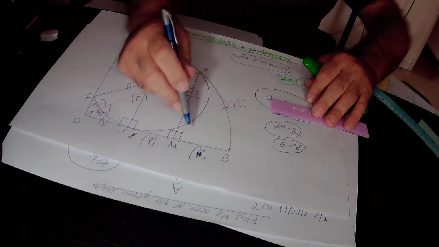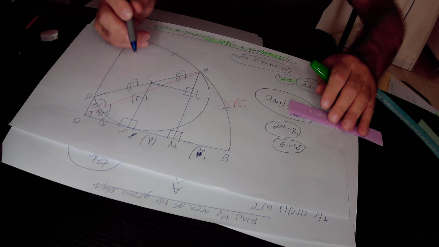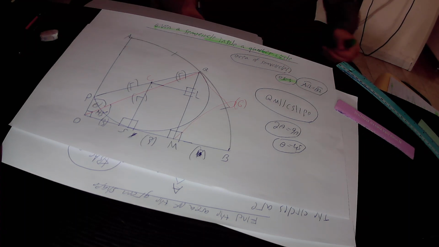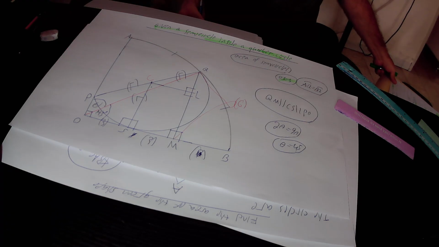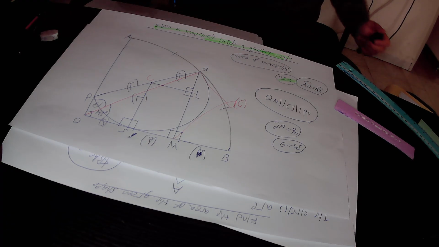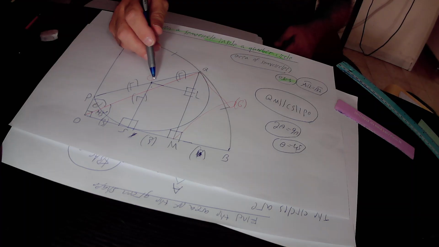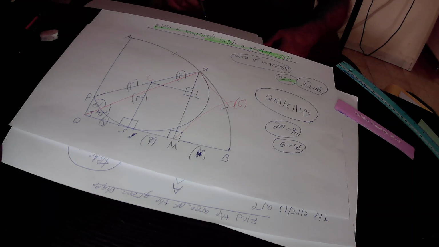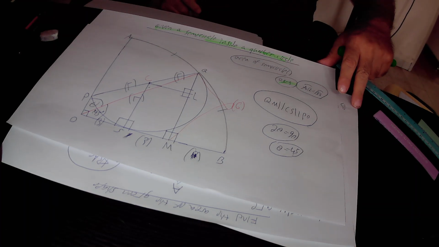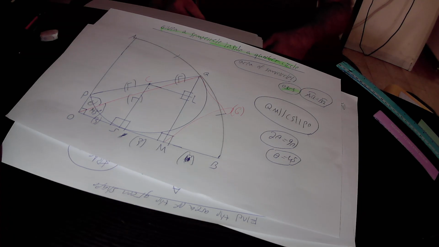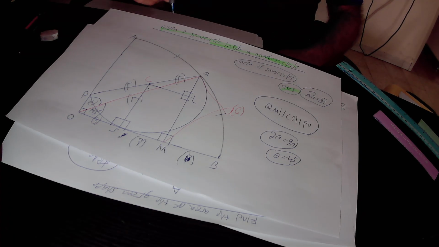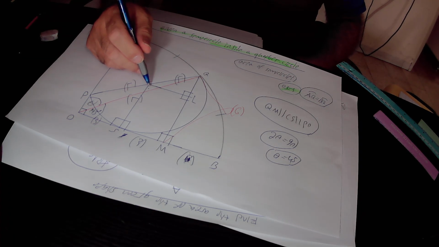Inside quadrilateral CLMS, we have 3 right angles. The sum of 3 right angles is 270 degrees. So 270 degrees plus the size of this fourth missing angle in total must be equal to 360 degrees, according to the rule that the sum of the angles in any quadrilateral is equal to 360 degrees. Therefore this fourth missing angle must be equal to 90 degrees.